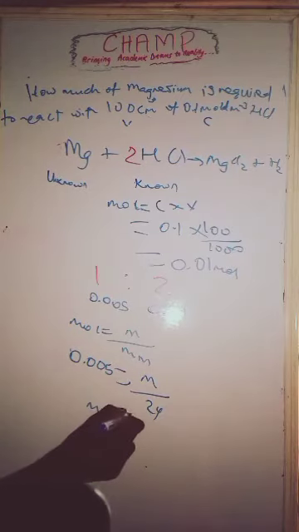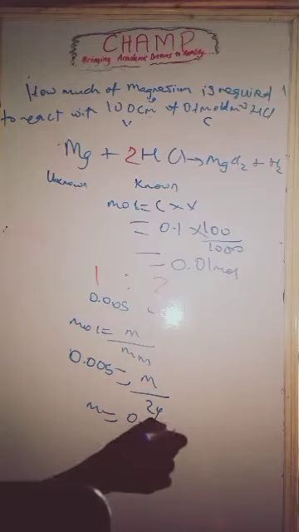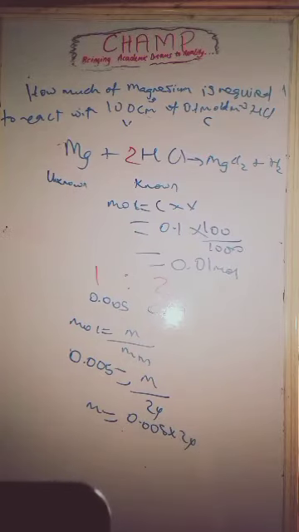Mass is equal to 0.005 times 24. Let me just press it here, but I think we can solve it without a calculator. So I have 0.12 gram. So yes, that's just the answer.